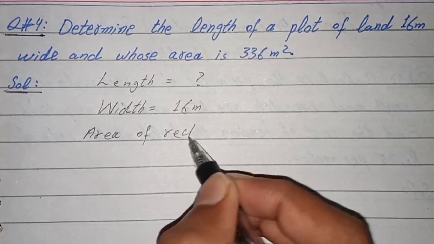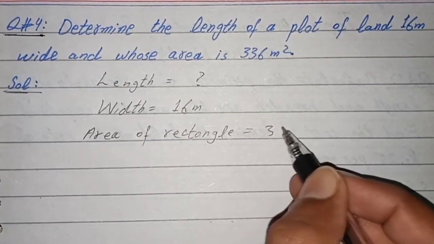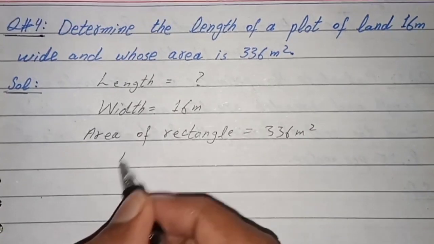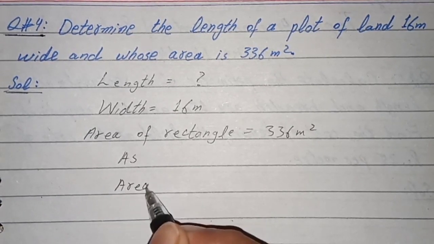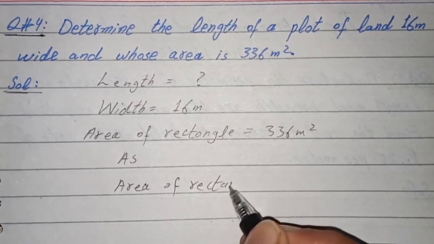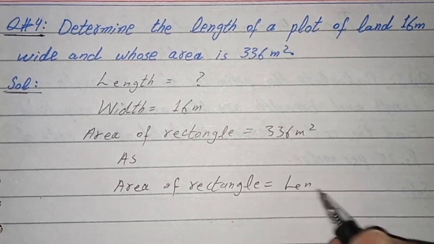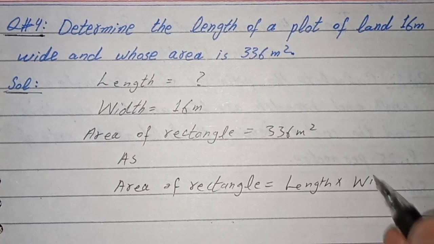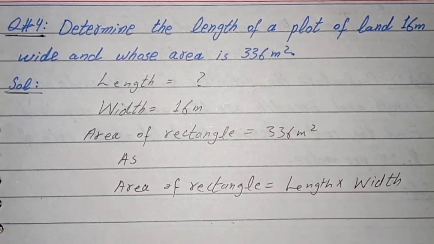So the area of the rectangle is given, that is equal to 336 meter square. As we know, area of rectangle is equal to length multiply width. We can write breadth and width as the same thing.